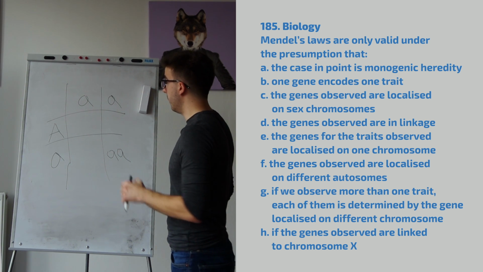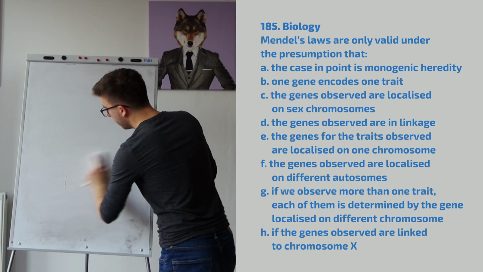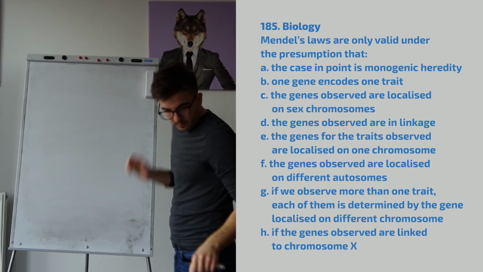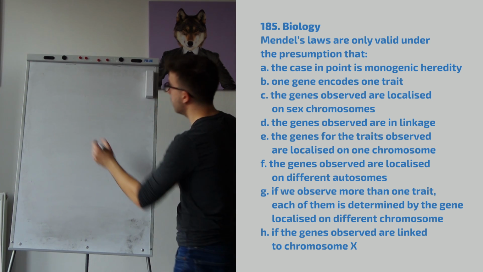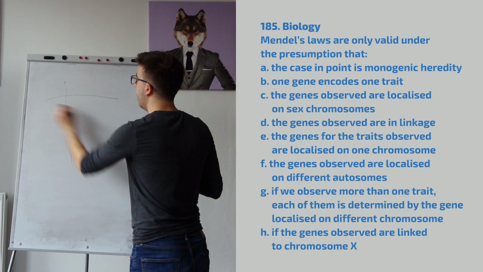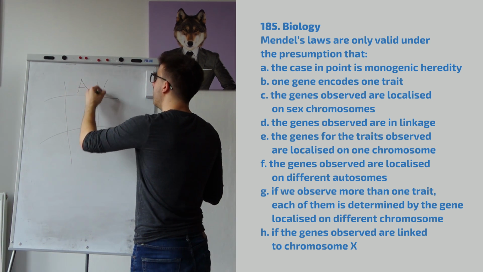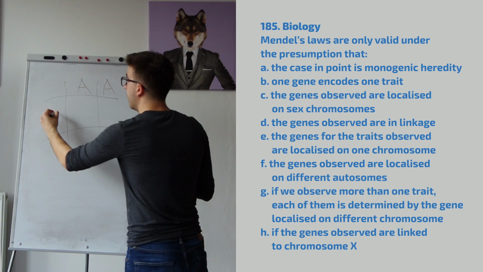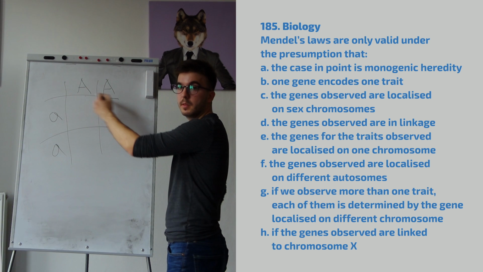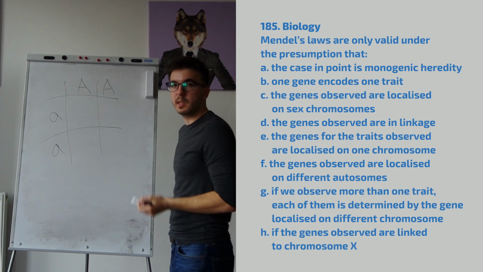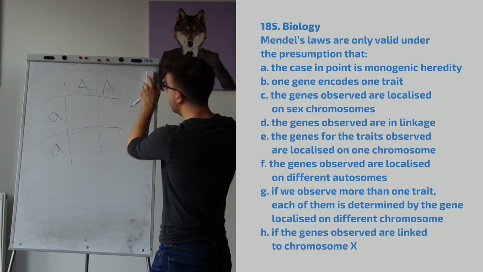Again, this one is correct. And we have F as well. F is a dominant homozygote and a recessive homozygote. And immediately we should know that this one is incorrect, because there's no recessive gametes here. It's not going to be possible to make a combination which is going to lead to a recessive homozygote.